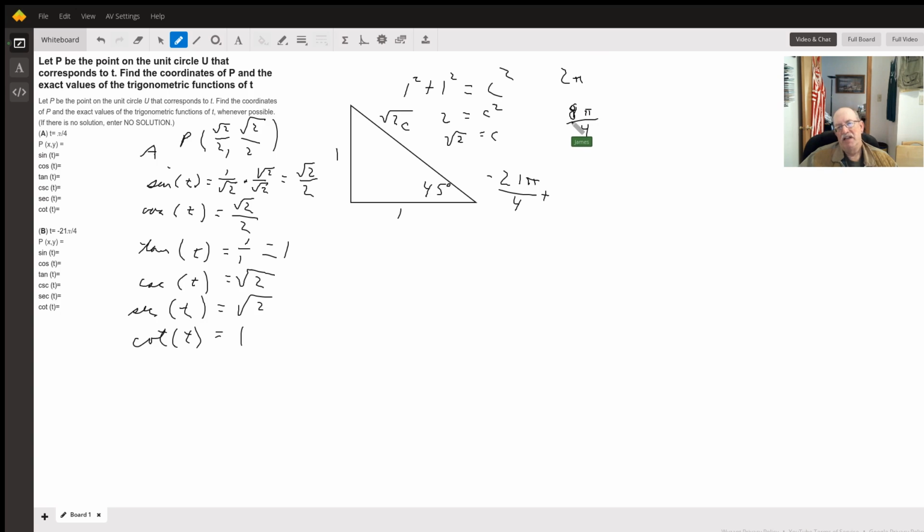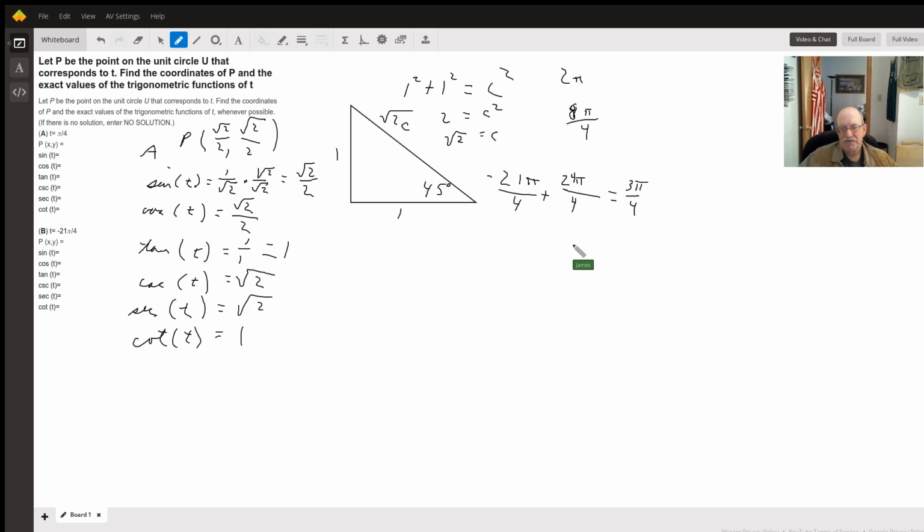If I change 2 pi to fourths, I get 8 pi over 4. So let's add 24 pi over 4. That would be 3 complete trips around, and we get 3 pi over 4. So negative 21 pi over 4 is going to be the same thing as 3 pi over 4. They're going to be coterminal angles.